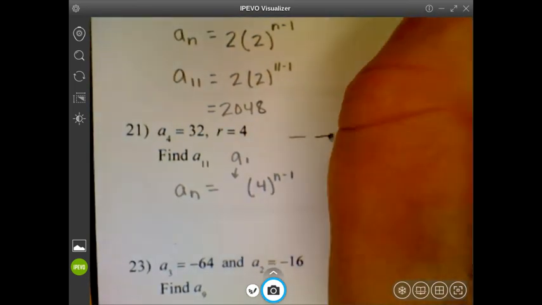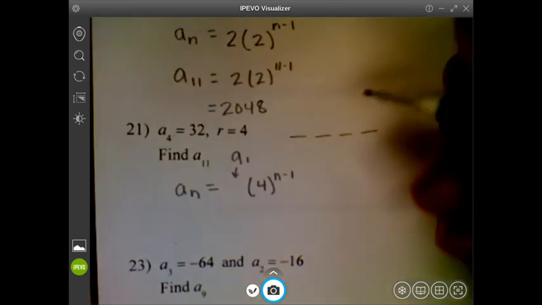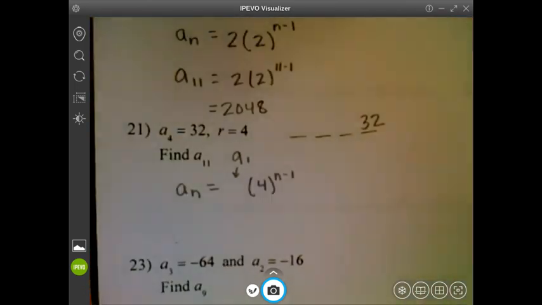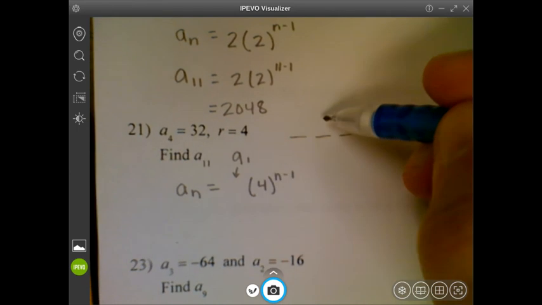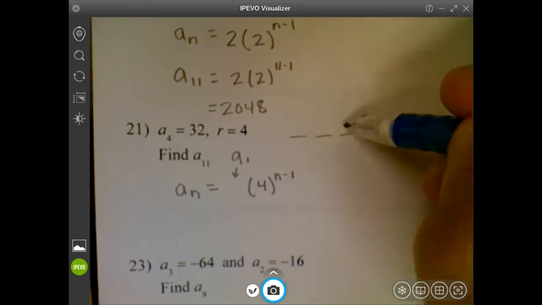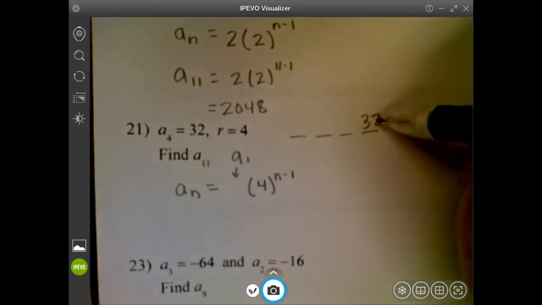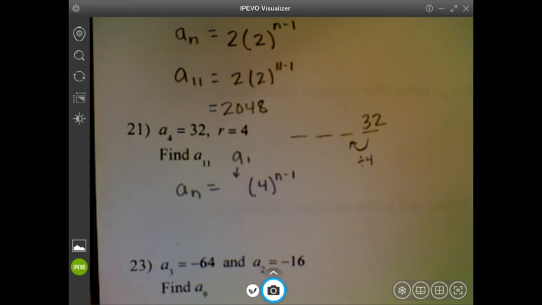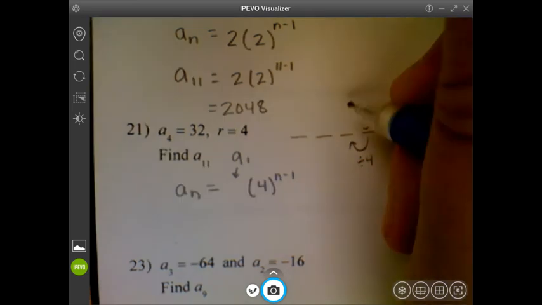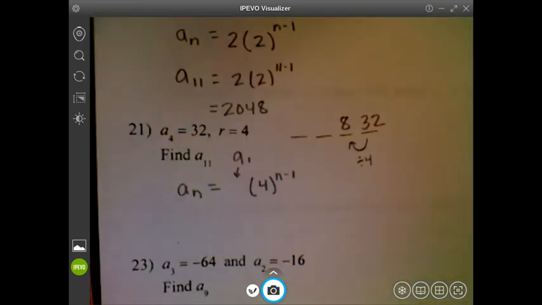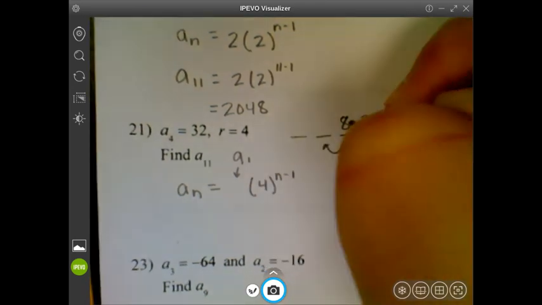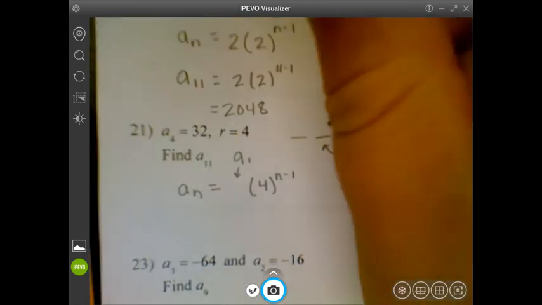So if you need to kind of write this out, here's your 4 terms, right? First, second, third, fourth. We know this one's 32. And if you move this direction from first to second, second to third, third to fourth by multiplying by 4, you can go backwards this direction by dividing by 4. And so 32 divided by 4 means the third term had to be an 8. Moving back another step, divide 8 by 4.